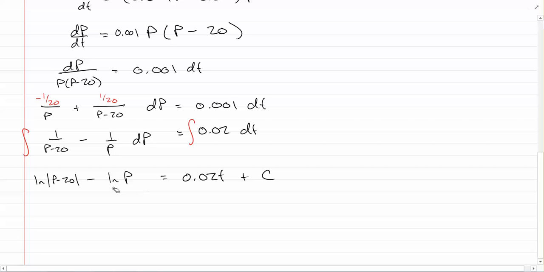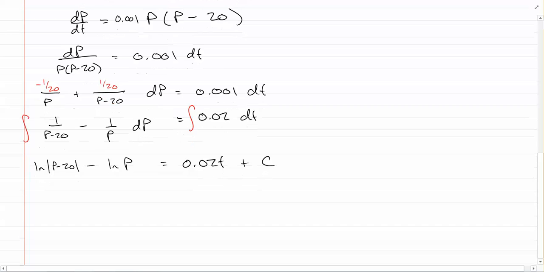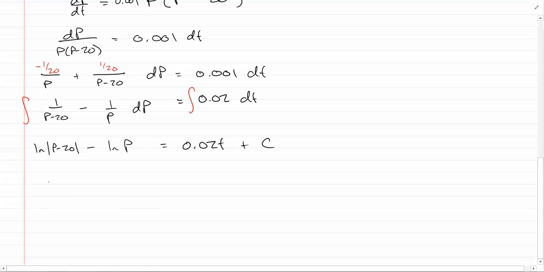Another thing here, technically there are absolute values, but keep in mind that the initial population was 100. That's bigger than 20, so p is bigger than 20, so I don't really have to worry about absolute values here. p minus 20 is positive, and so I can get rid of the absolute values.